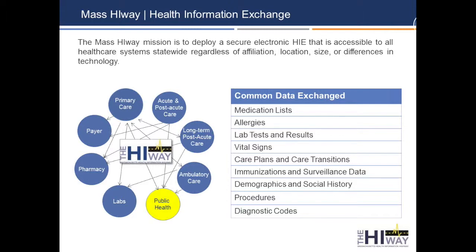The HIway allows for communication not only between participants of the Mass HIway and the Department of Public Health, but also provider-to-provider communication, care coordination, participant to payer, and other use cases on the HIway.